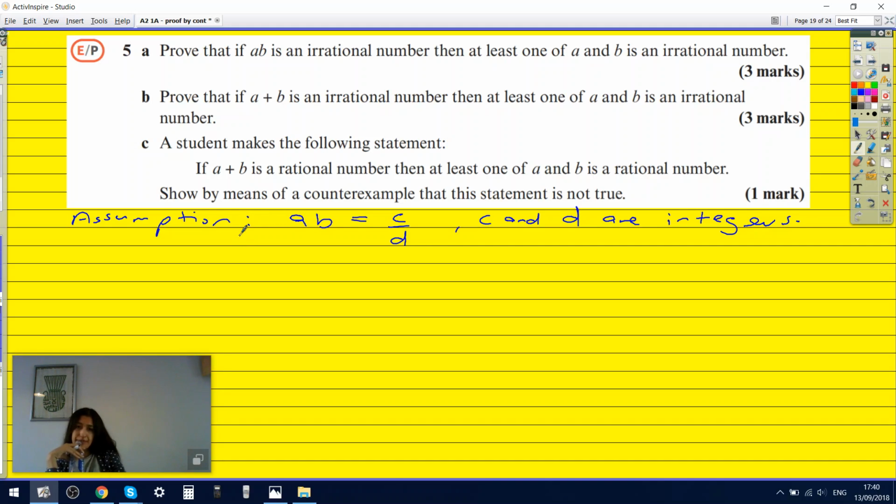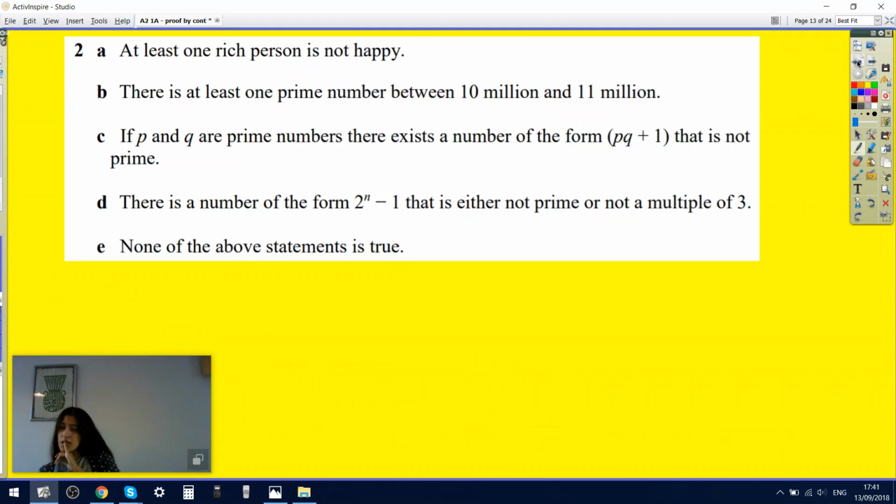And then what do you do? So how did we do this one before? Times it by D. Yep. ABD equals C. Well, I need to move this one up.